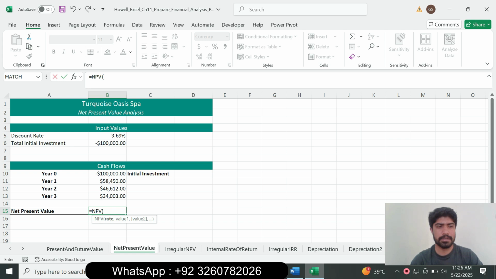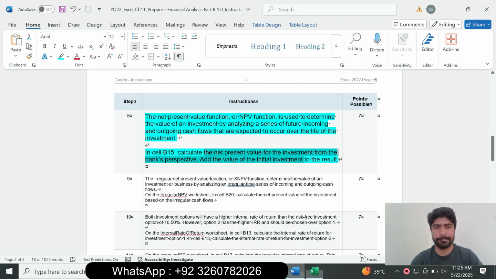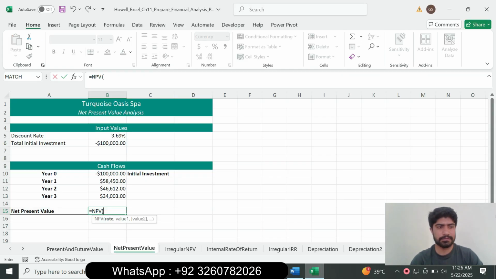So insert the NPV function, and the present value for the investment from the bank perspective. So NPV and select the cell B5, type a comma and B11. B5, B11, it should be B13, year 3, B11 to B13.